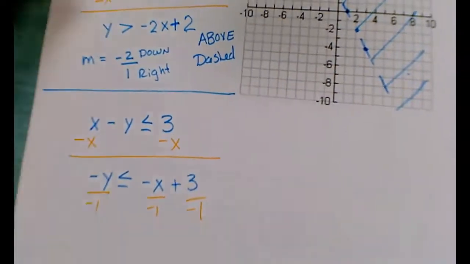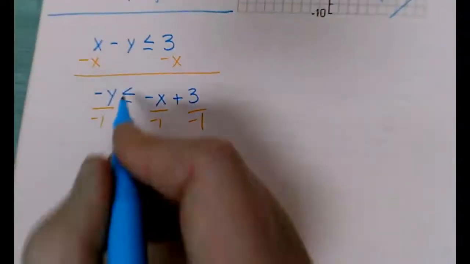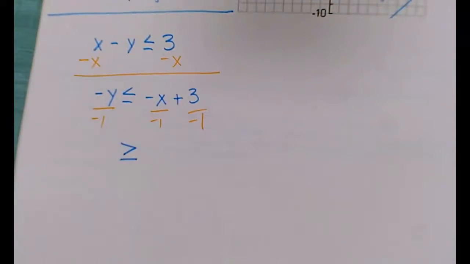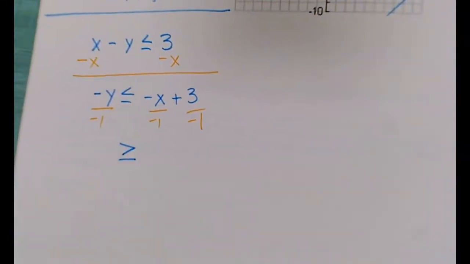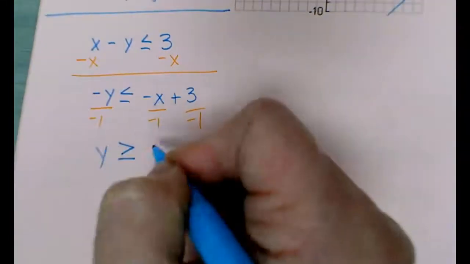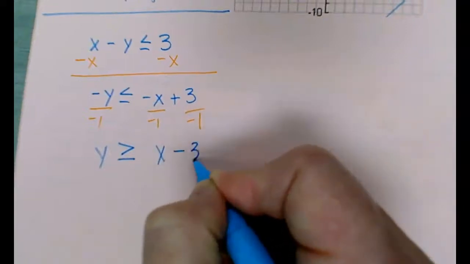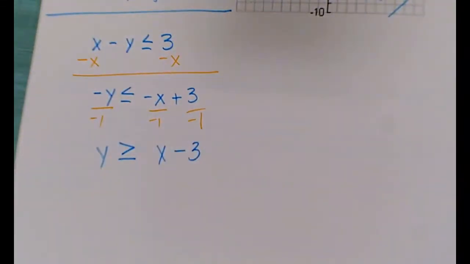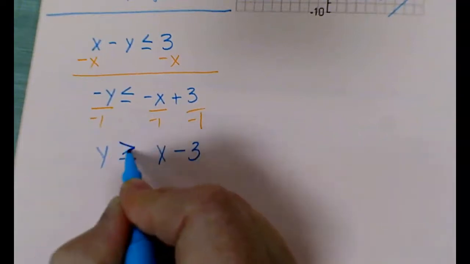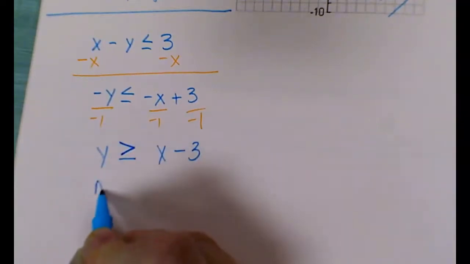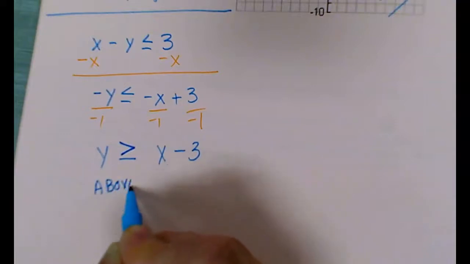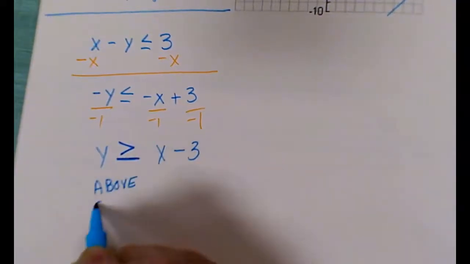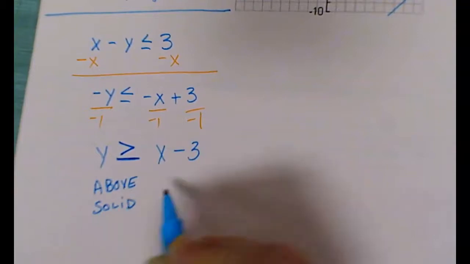I have divided by a negative number, so that is going to switch the inequality. The negatives are going to cancel, and that's going to be a -3. This is a greater than or equal to sign, so I'm going to be above, and or equal to means a solid line.